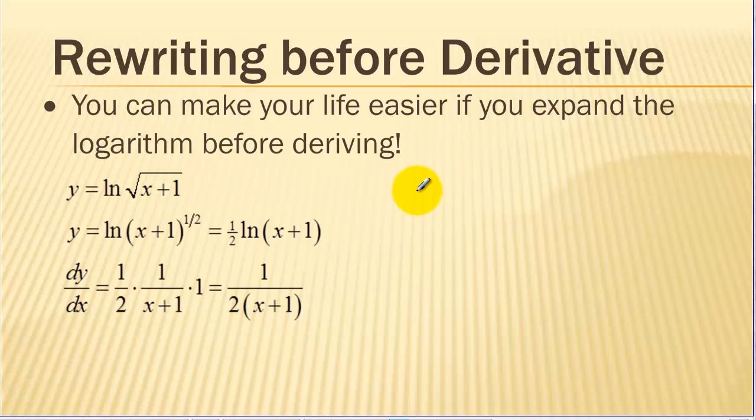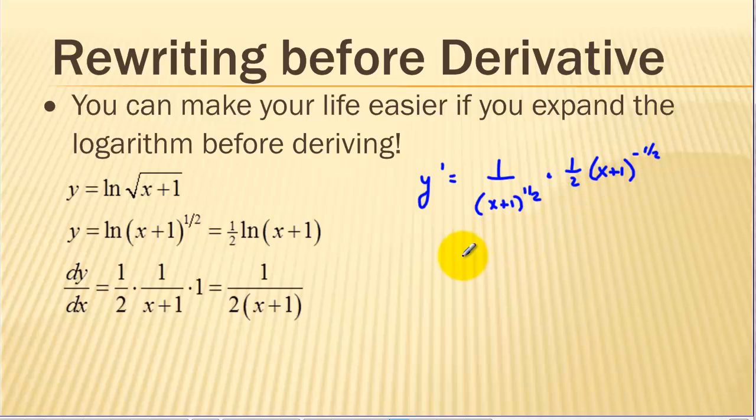If we had not thought to do that simplification, then our y prime would have been 1 over x plus 1 to the 1/2. And then when we take the derivative of our u here, we would have 1/2 times x plus 1 to the negative 1/2 times the derivative of that.